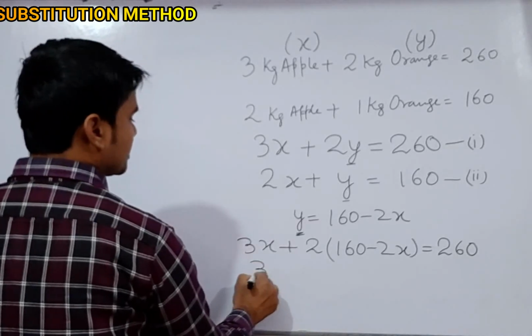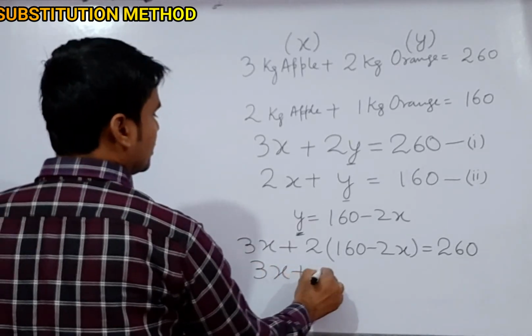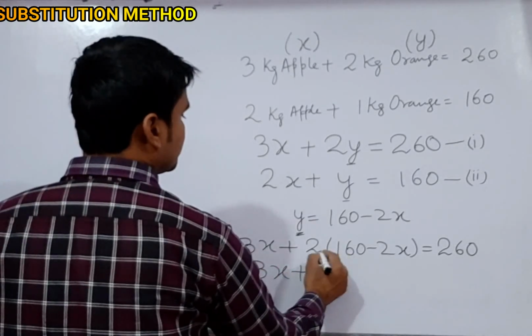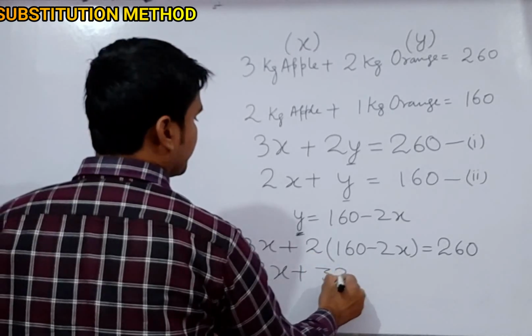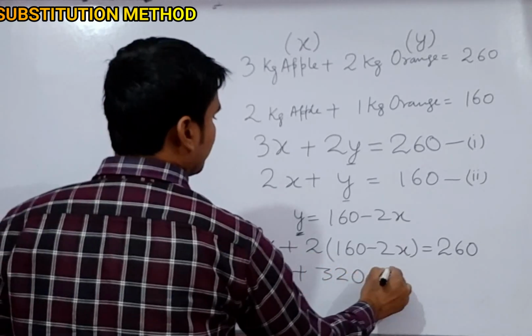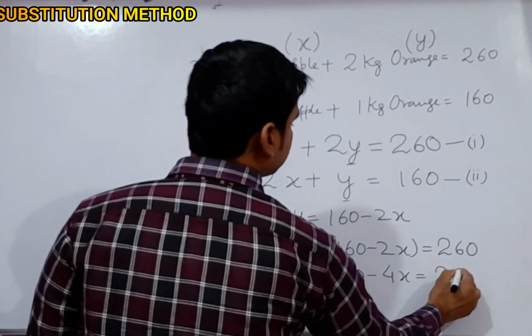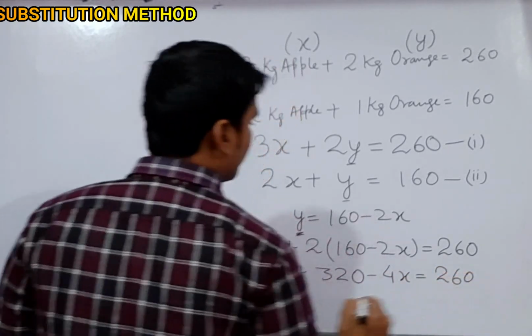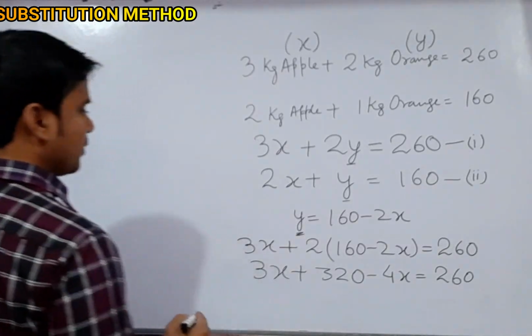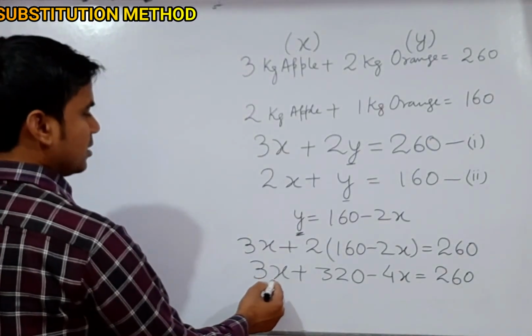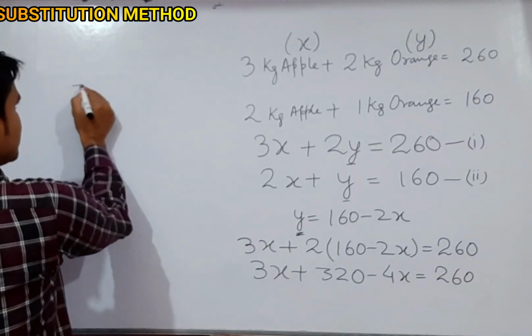Now 3x plus 2 times 160 is 320, minus 4x equals 260. Okay, so now what we get, 3x minus 4x, we get minus x.